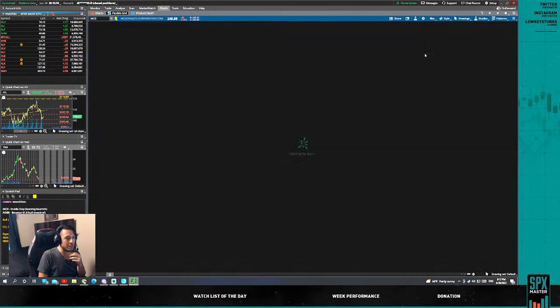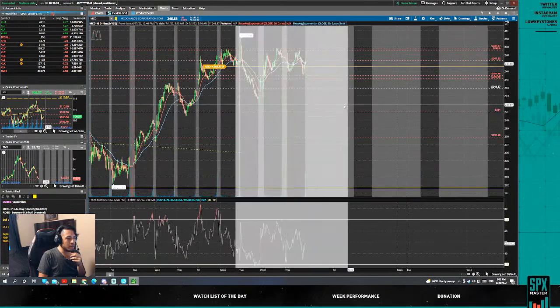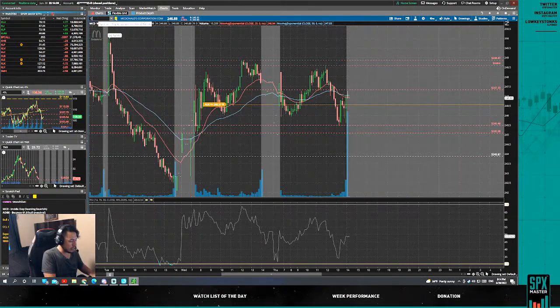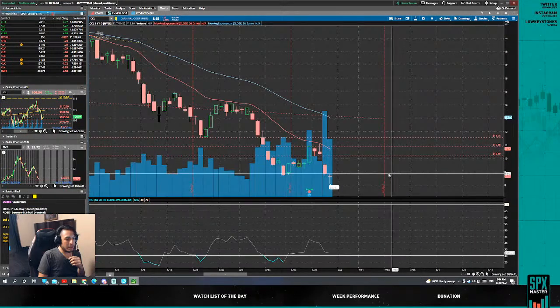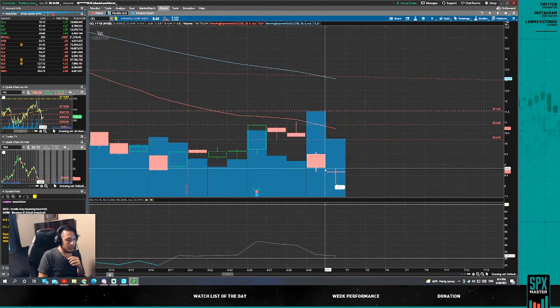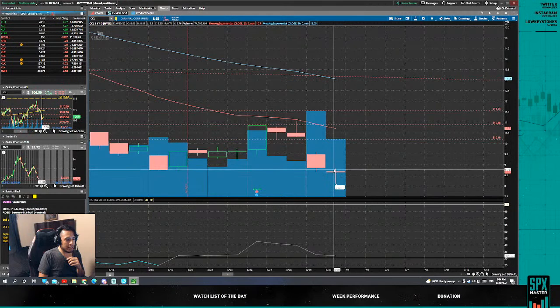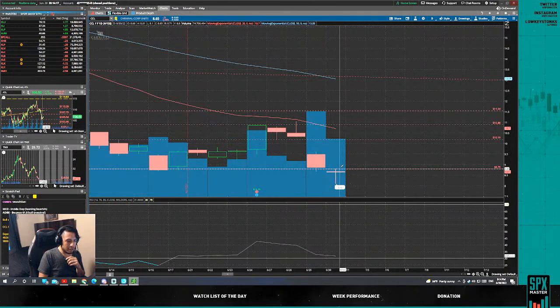bullseye for travel. So tomorrow I'm gonna be looking at something like, let's say, CCL, and see if we can have some kind of bullish reversal. So we had this candle. What we're gonna do is set up a support area right here.